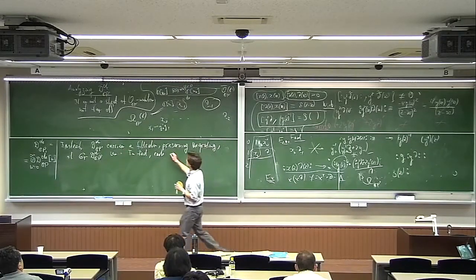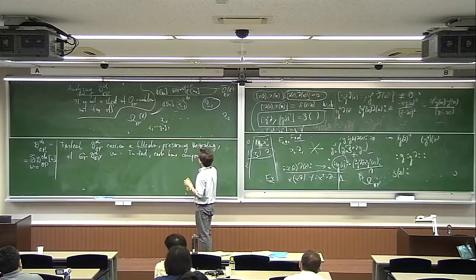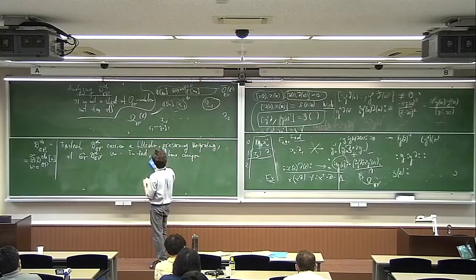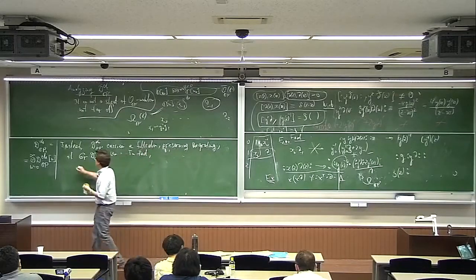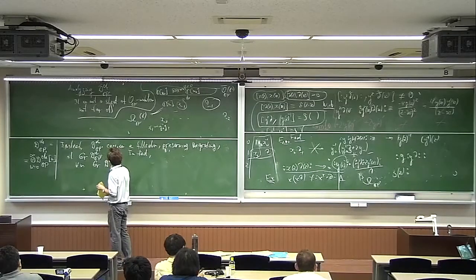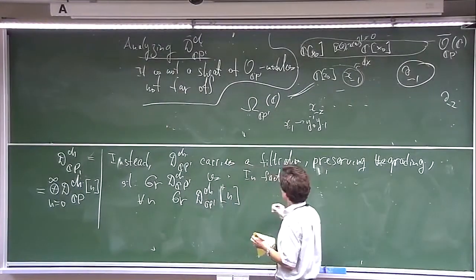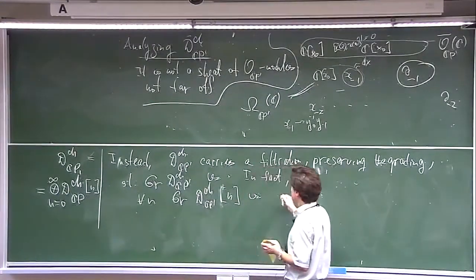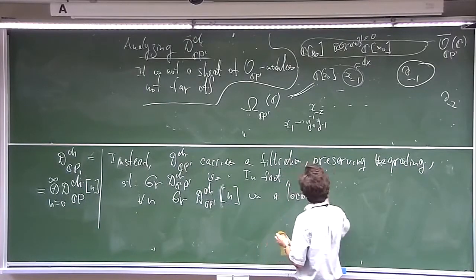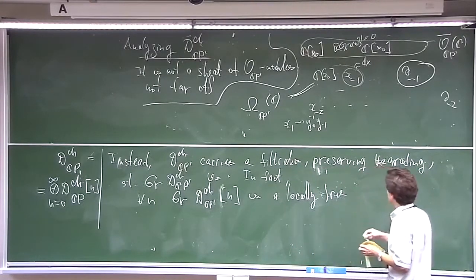So in fact, each homogeneous component, I can even write it now: for any n, the graded piece of the chiral d CP1 is a locally free, finite rank sheaf. I will show you exactly what it is.